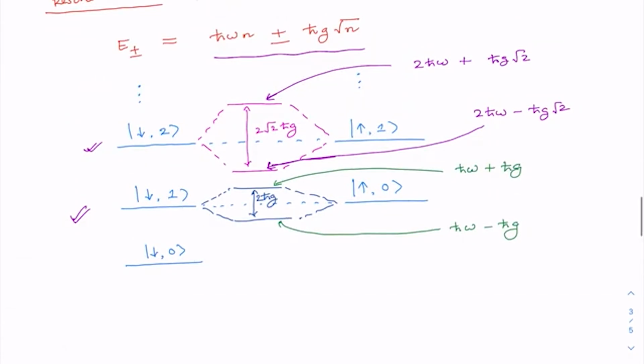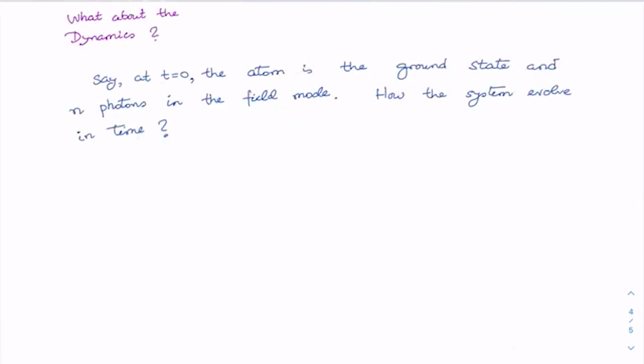And that's where we concluded our class last time. Now what about the dynamics? Say at time t equal to 0, the atom is in the ground state and there are n photons in the field mode. Then how will the system evolve in time? Let us say we prepare the initial state of the system with the atom in the ground state, and there are n photons in the field mode.